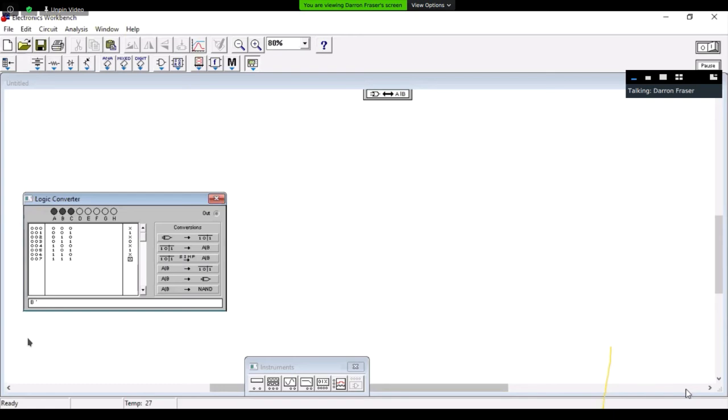0 to 1. One X. Change that to 0 to 0. 0x.